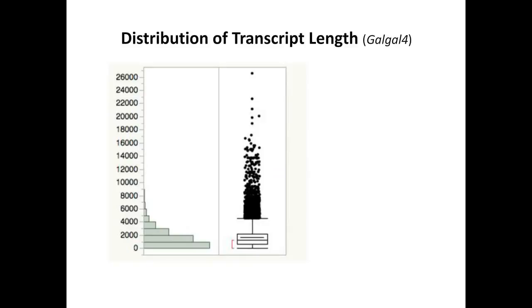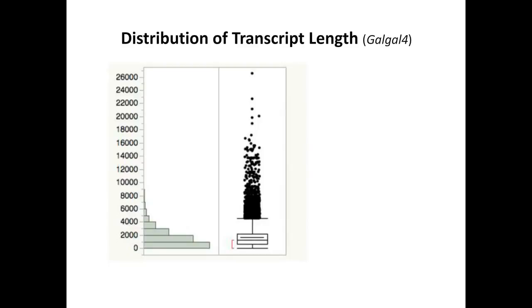So consider, for example, this figure, which shows the distribution of transcript length. It is in chicken, because my studies are mostly on chickens. I took all genes from Galgal4, which is the version before the recent one; the recent one was just updated a few months ago.